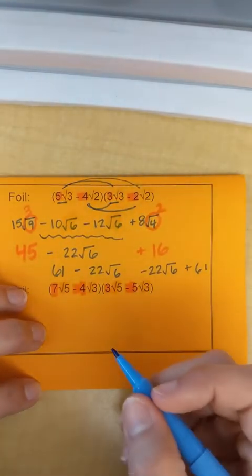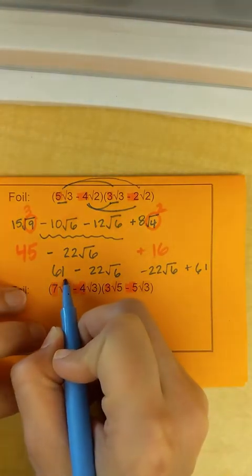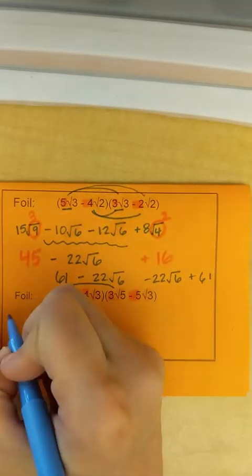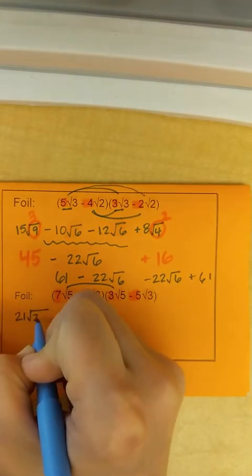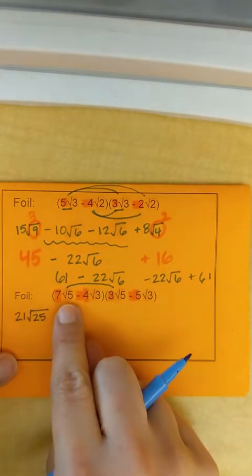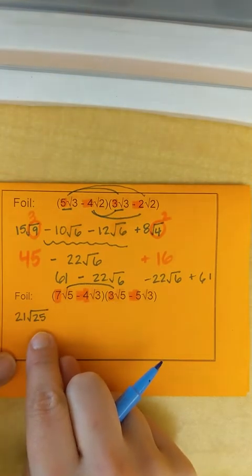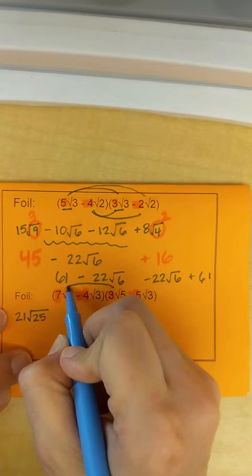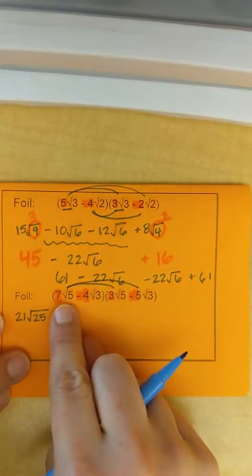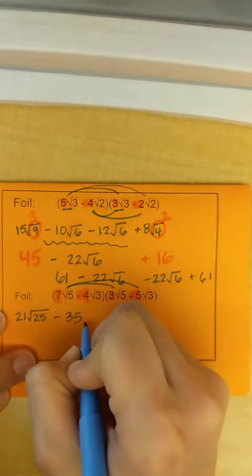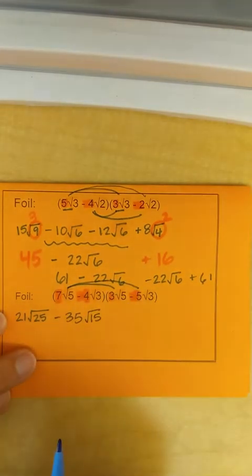When I FOIL, I'm taking 7 root 5 times 3 root 5, and I get 21 root 25. Again, I'll remind you of that trick. Root 5 times root 5 is just going to end up being 5. So if you can recognize that now, it makes your work a little easier. Now I'm going to do my outers. 7 root 5 times negative 5 root 3 is negative 35 root 15.